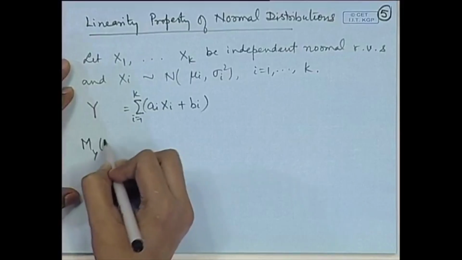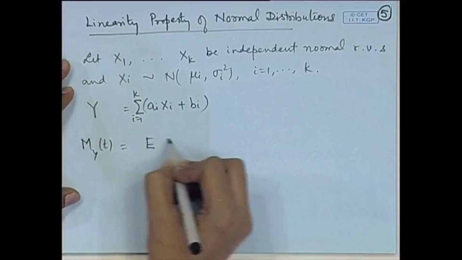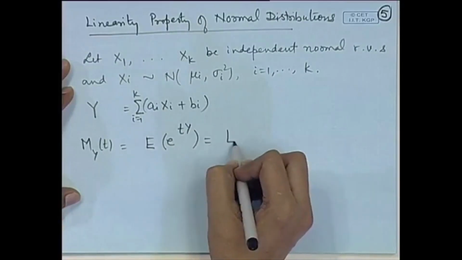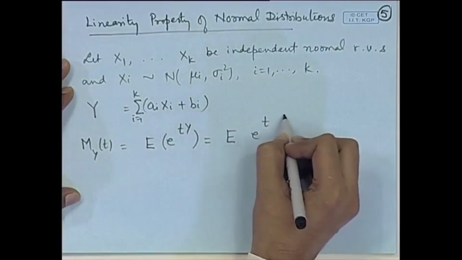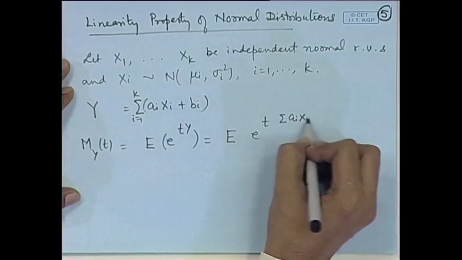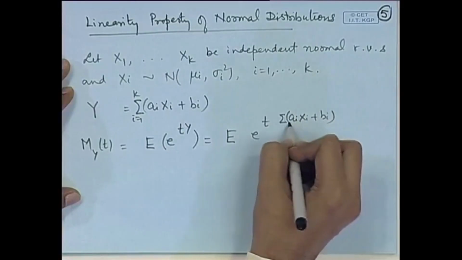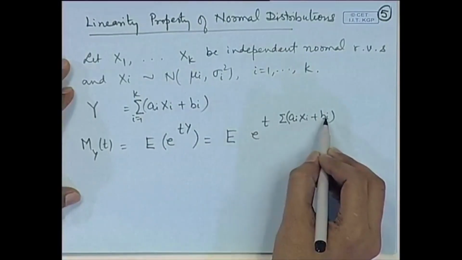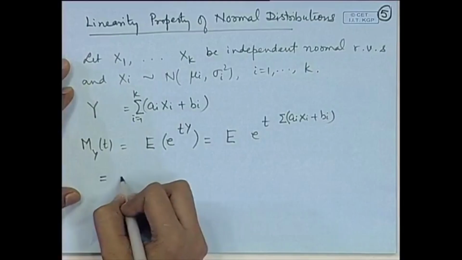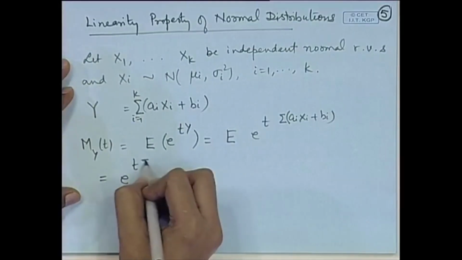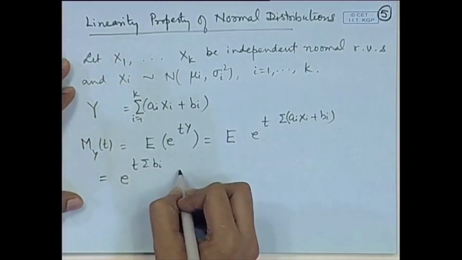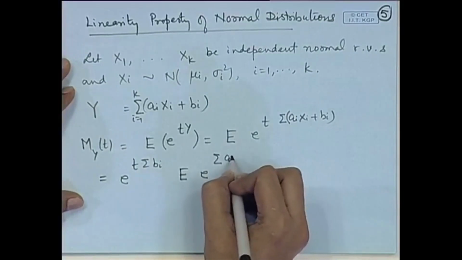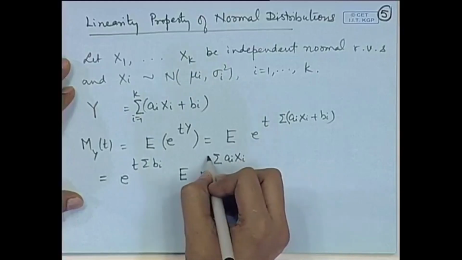So, M_Y(t) is equal to the expectation of e to the power tY, that is the expectation of e to the power t times the sum of (ai Xi plus bi). Here e to the power t times the sum of bi can be kept out. So, it is e to the power t sum of bi, and then we have the expectation of e to the power sum of ai Xi t.